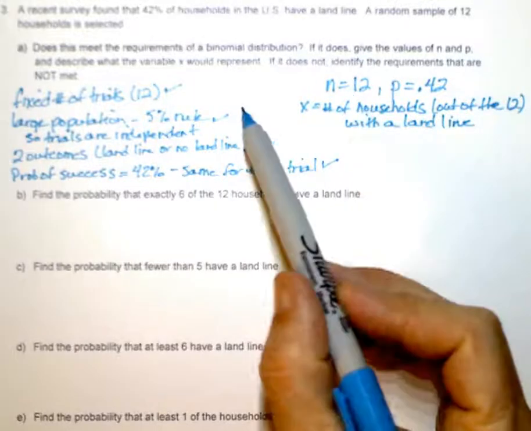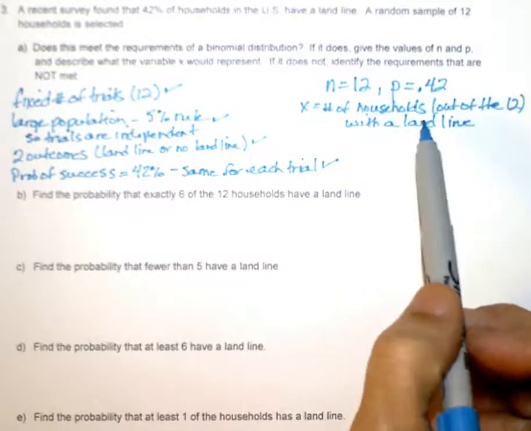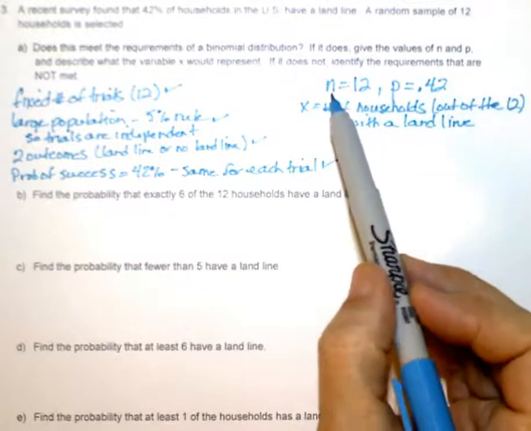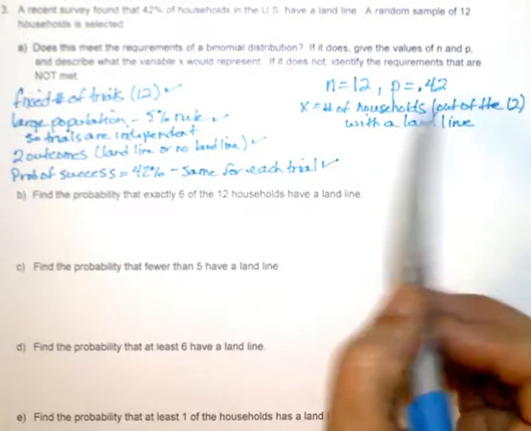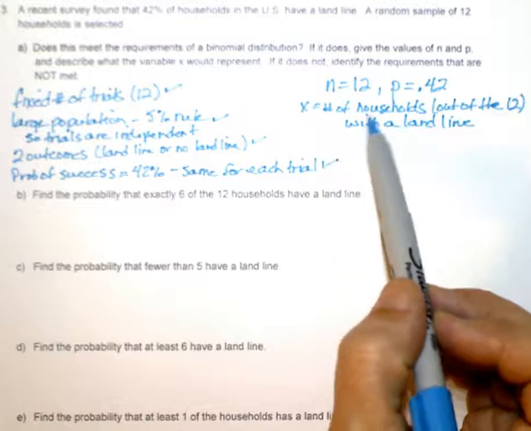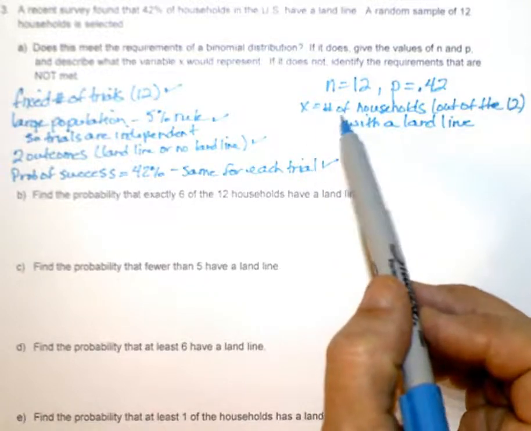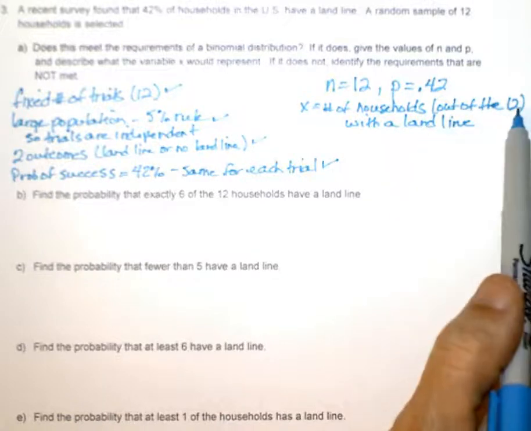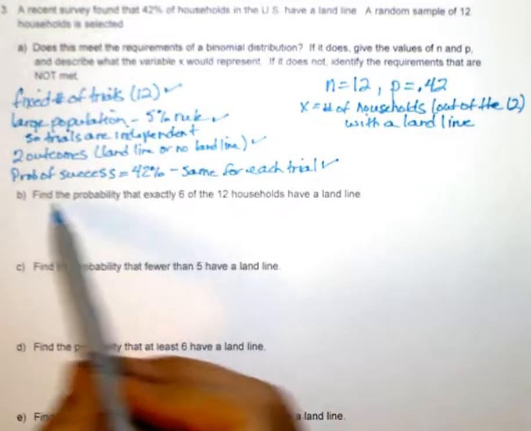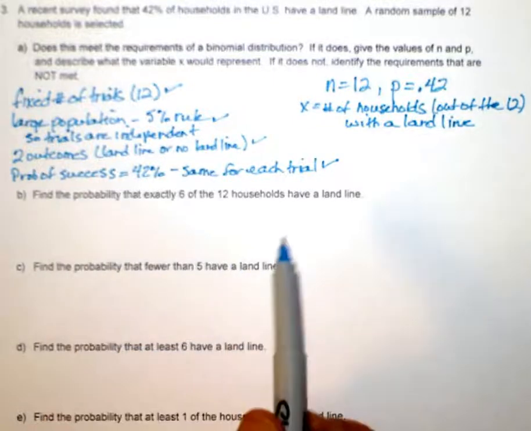Now that we know that this is a binomial distribution, we're going to find some probabilities. We're going to use these facts that N equals 12 and P equals 0.42, and that the X is going to stand for the number of households that do have a landline out of the 12. But first, we're trying to find the probability that exactly 6 of the 12 households have a landline.